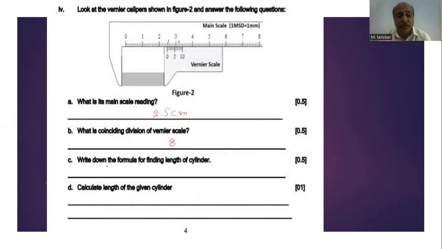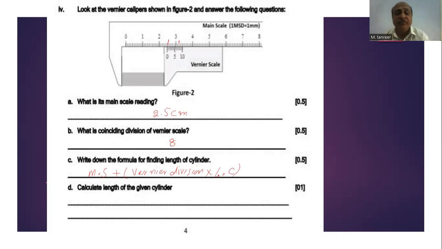Now you have to write the formula for finding the length. You have to write the full main scale plus, within the bracket, the vernier scale division which is coinciding with the main scale, multiplied by the least count or vernier constant.